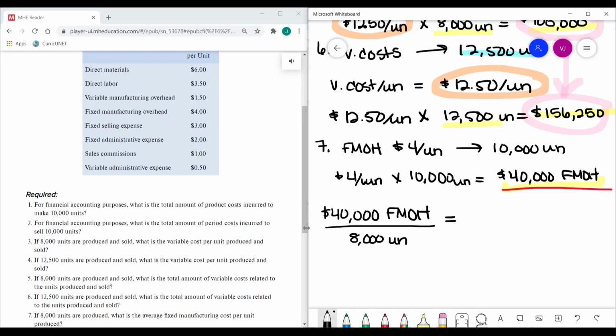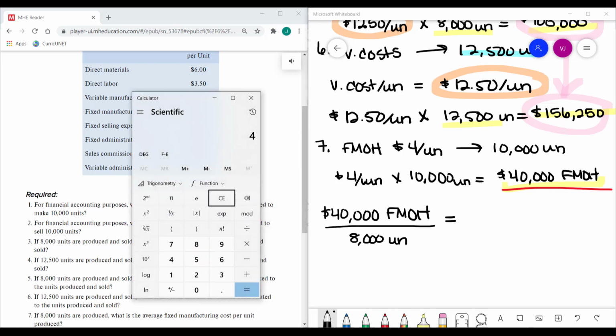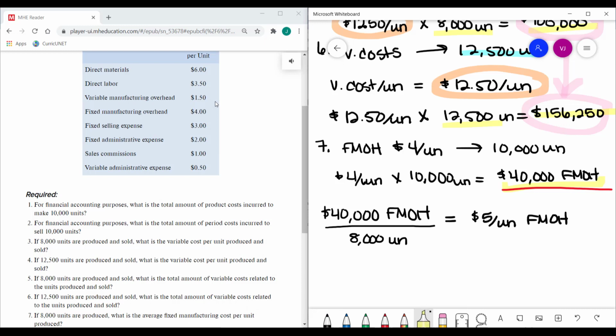So each piece will represent a larger portion of that $40,000. So to illustrate, we know that the cost is $40,000 each period, but since we produce 8,000 units in this period that they're talking about, let's see what it's actually costing us per unit produced in terms of fixed overhead. Here we can see it comes out to $5 per unit of fixed manufacturing overhead. So although the $40,000 is incurred when we make 10,000 units and when we make 8,000 units, per unit it looks a bit different.